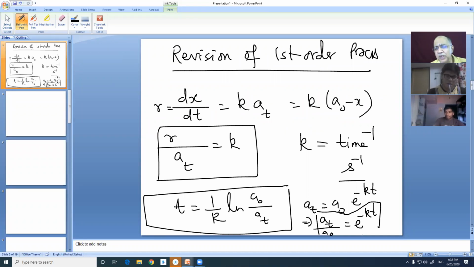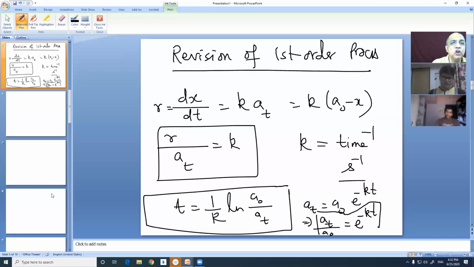Can anyone tell me what fraction of a first order reaction will be remaining, will be left out after, say, 8 half-life periods?